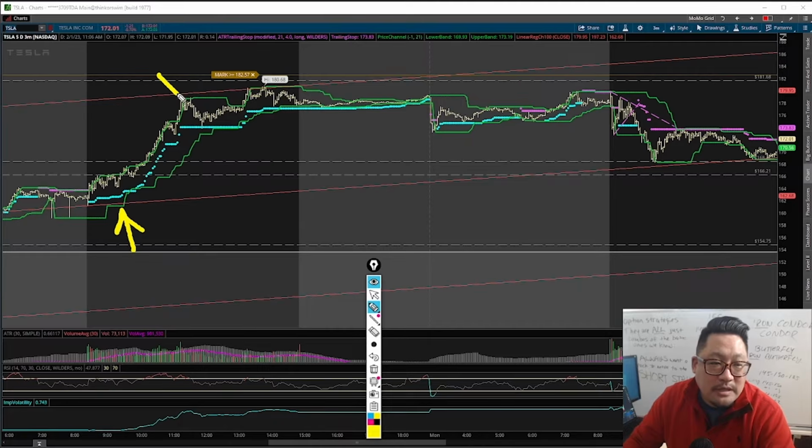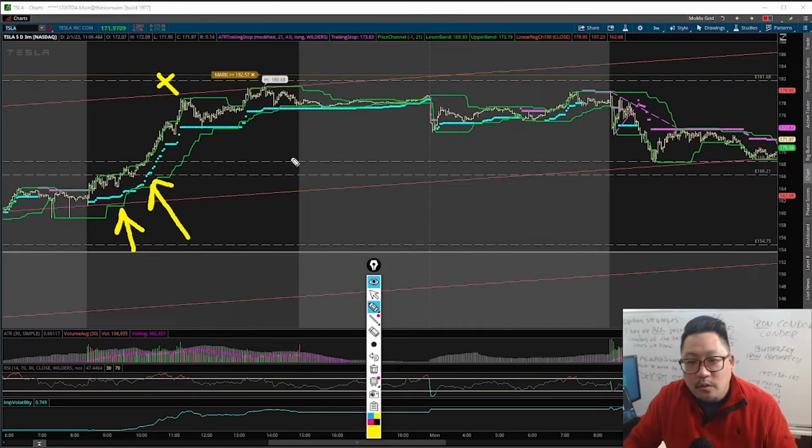Now, knowing your upside targets, that's up to another lesson. But most notably, if you actually look at this, this is Tesla on a 3-minute chart. If you notice, the stop has remained blue. If you recall what I said earlier, when that ATR trailing stop is blue, we should be bull bias.